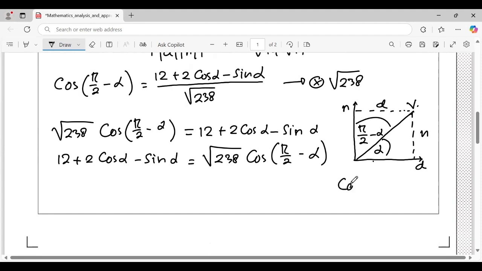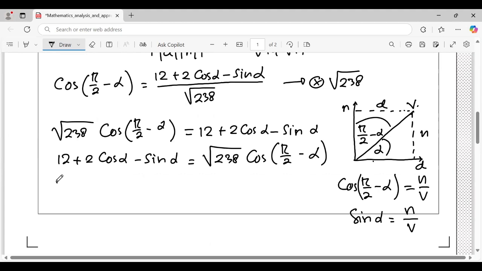Look at cosine of pi half minus alpha, cosine of this one is n over the hypotenuse, and sine alpha is n over the hypotenuse. So cosine of pi half minus alpha equals sine alpha. So this term cosine of pi half minus alpha I will write as sine alpha.